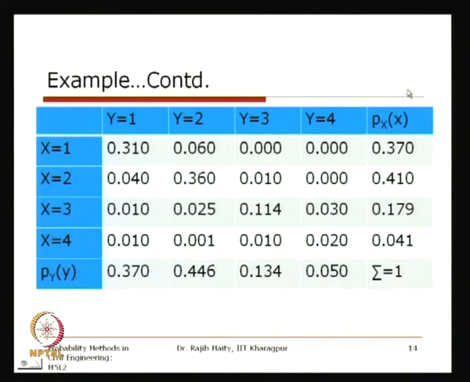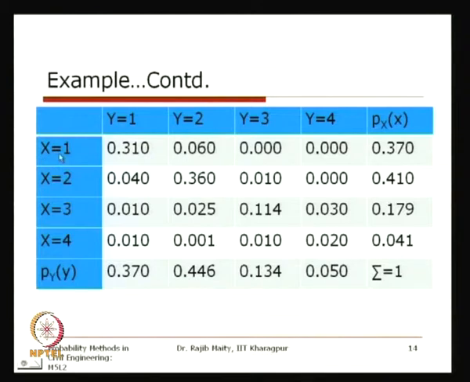This last column that you see is the marginal distribution of x. When we talk about the marginal distribution of x, we are asking the question: what is the probability that x equals 1? When we say this, which is also asked in the problem, it means irrespective of the value of y.